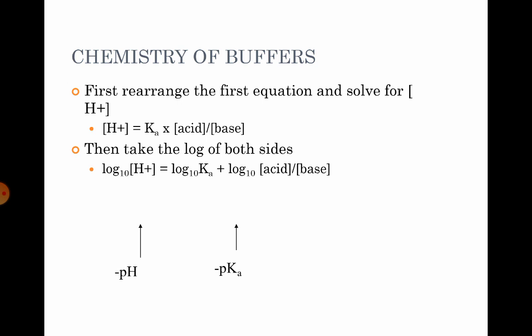The chemistry of buffers. First, rearrange the equation and solve for hydrogen ion concentration. So H plus is equal to Ka into acid by base. Then take the log of both sides. We get log to the base 10 of hydrogen ion concentration is equal to log to the base 10 Ka plus log to the base 10 of the concentration of acid by concentration of base.